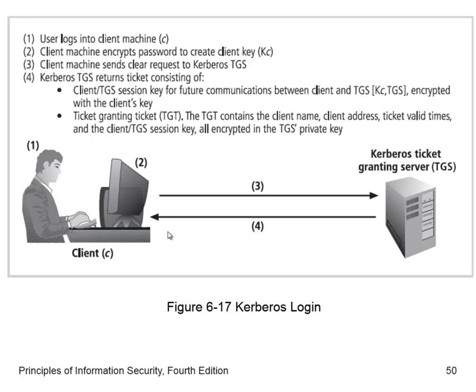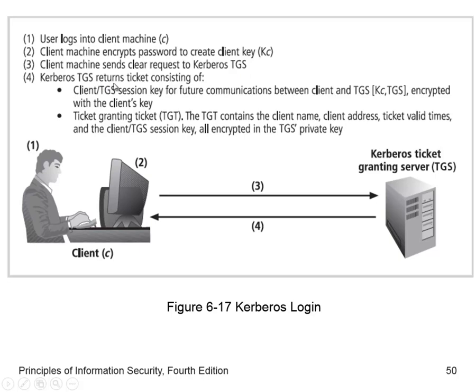This figure shows the Kerberos login, and you can see that the user logs into the client machine, and then the client machine encrypts the password to create the client key, and then the client machine sends a clear request to the Kerberos TGS.